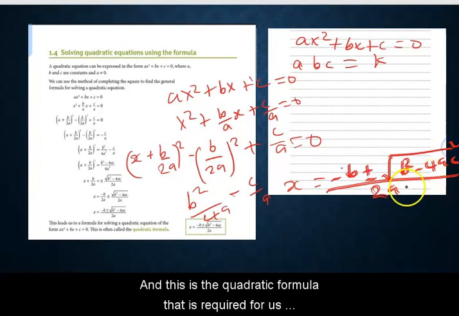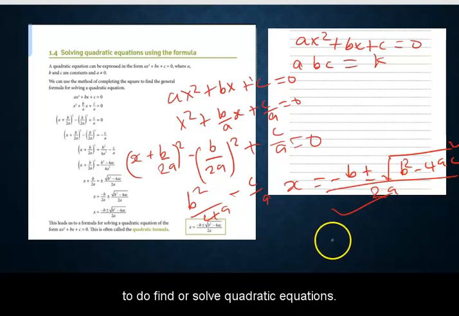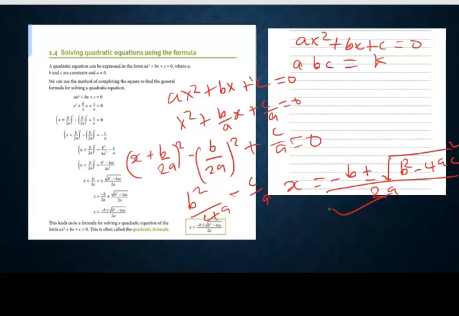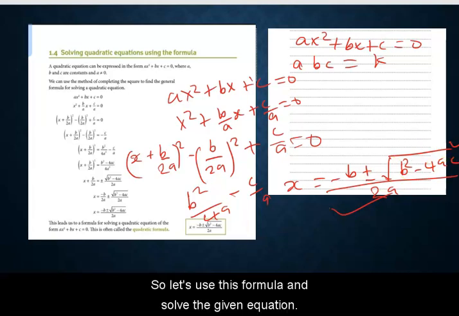And this is the quadratic formula that is required for us to solve quadratic equations that require the quadratic formula. So let's use this formula and solve the given equation.